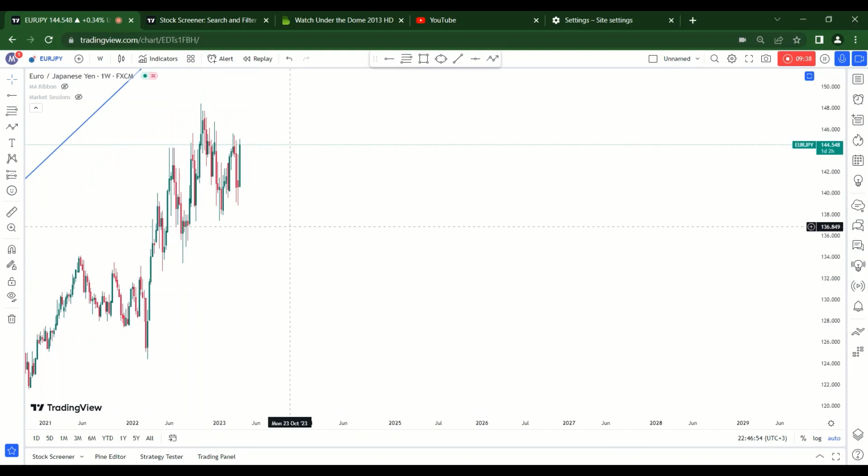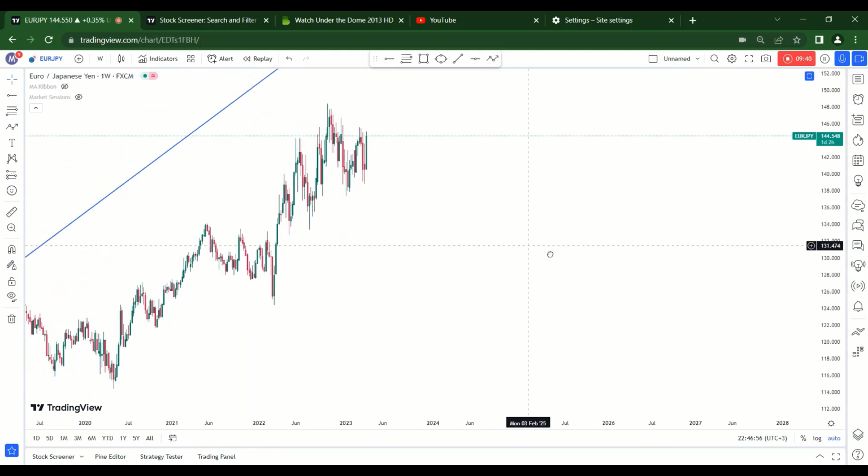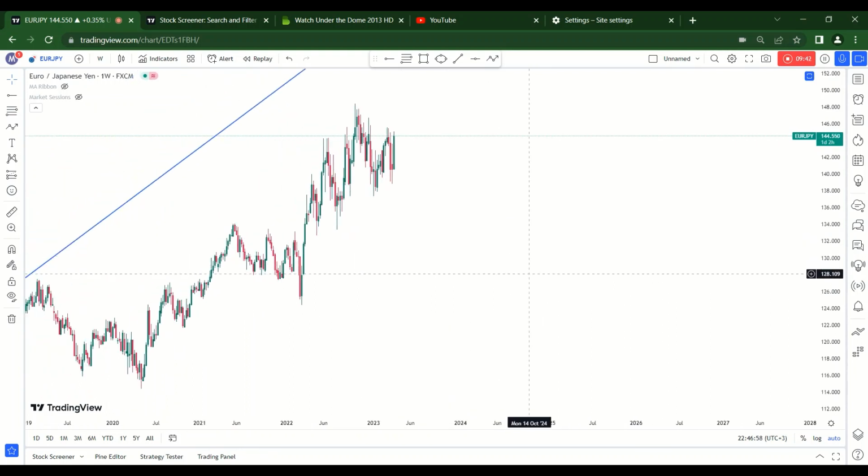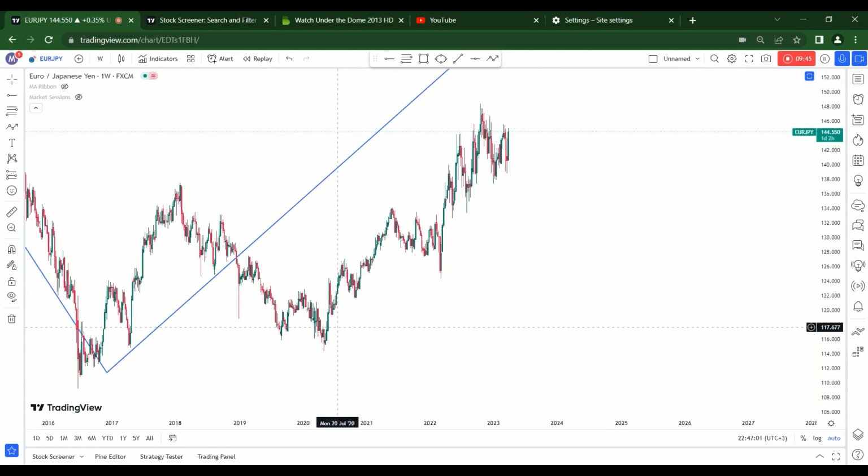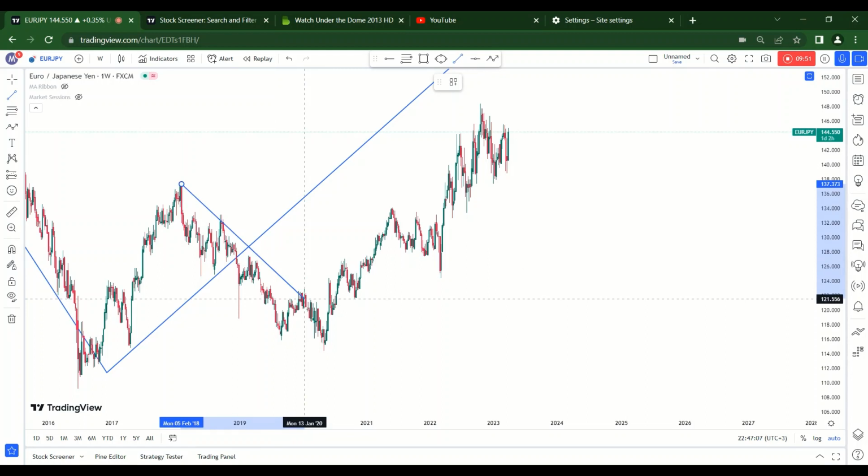Following the same premise and the same principle, we can tell where we are and where we're going. So now here I check the most recent big retracement there.